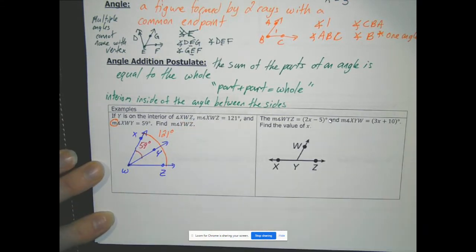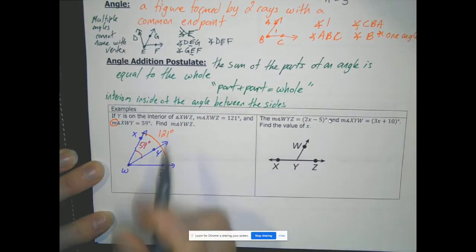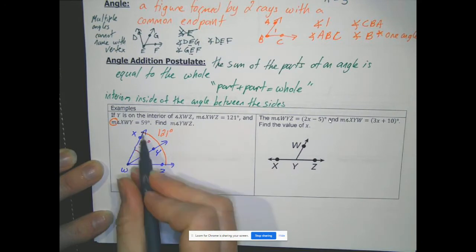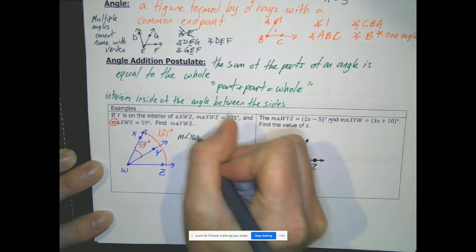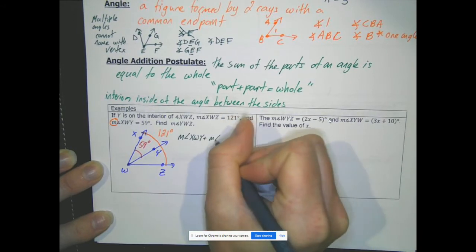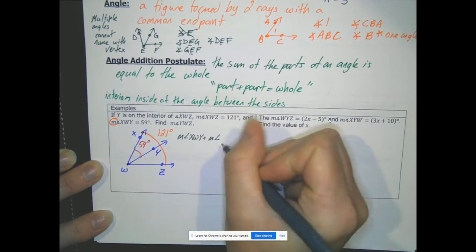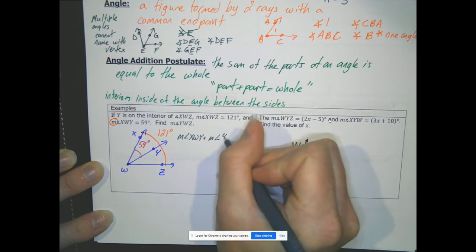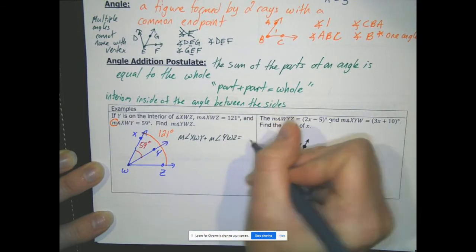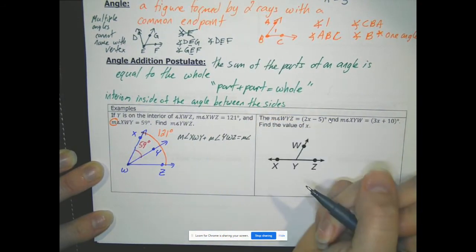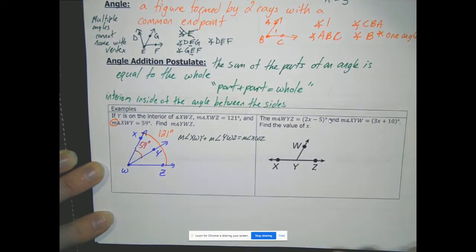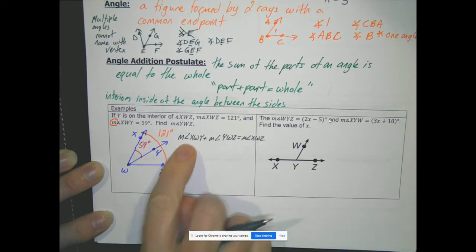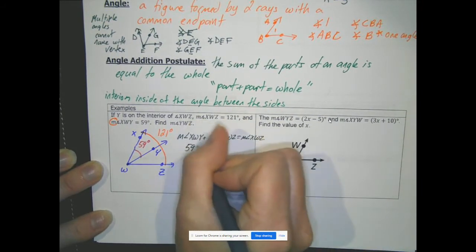So we're going to use angle addition postulate. I'm just doing this formally. So I know from this diagram, this part plus this part is equal to this whole. So I know that the measure of angle XWY plus the measure of angle YWZ is equal to the measure of angle XWZ. Okay, I know the measure of angle XWY is 59 degrees.